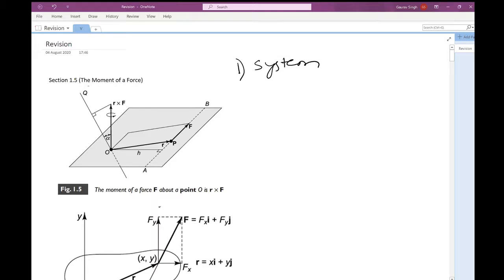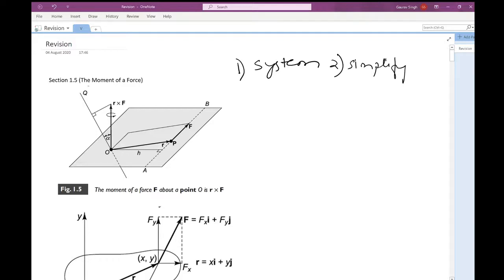Then you want to simplify the system. What this means is that you may have a very complicated real life problem, but then you idealize some of those things and simplify the real life situation so that you can be in a situation to actually solve it.